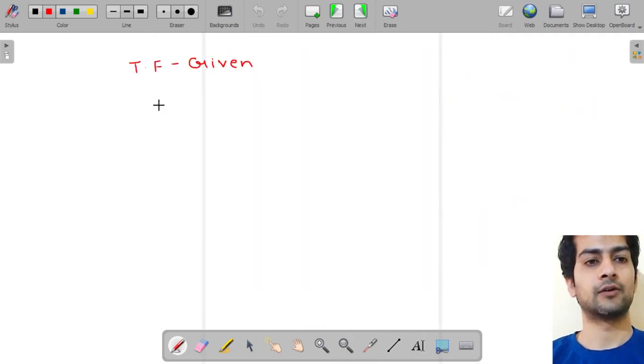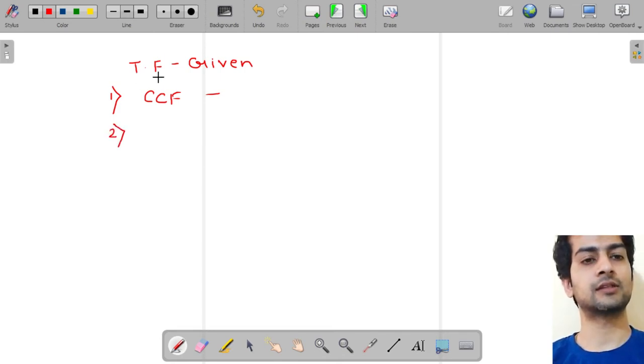So what all can we do? We can represent this transfer function in state model in CCF form, the shortcut I have given you. Second, we can represent this transfer function in state model in OCF form, the shortcut I have given you.